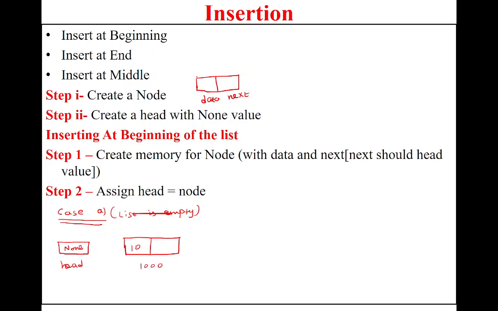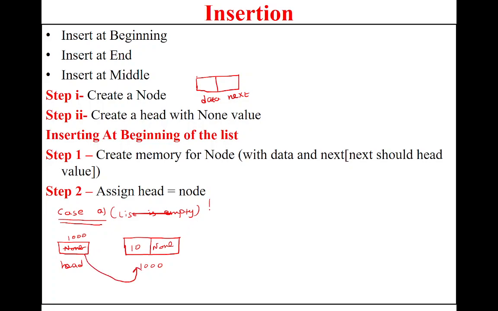If I create the node like this, this node only will be there, so head has to point to this node. Here the none should come. Why? Since only one node is there. So we have to create the node like this, then change the head to 1000, the newly created node. So head will be pointing over here.